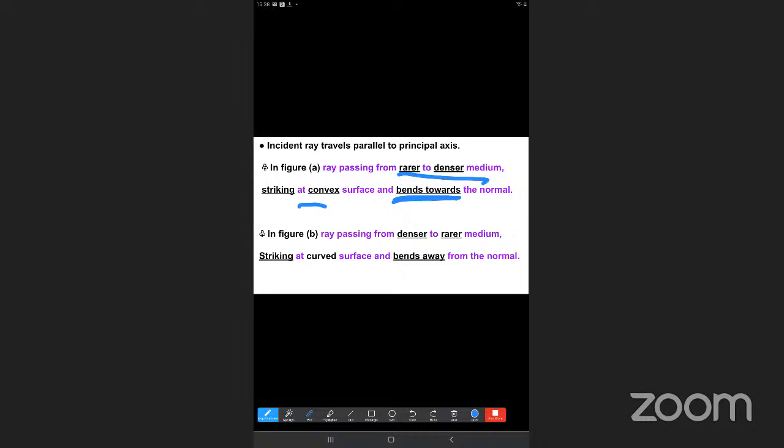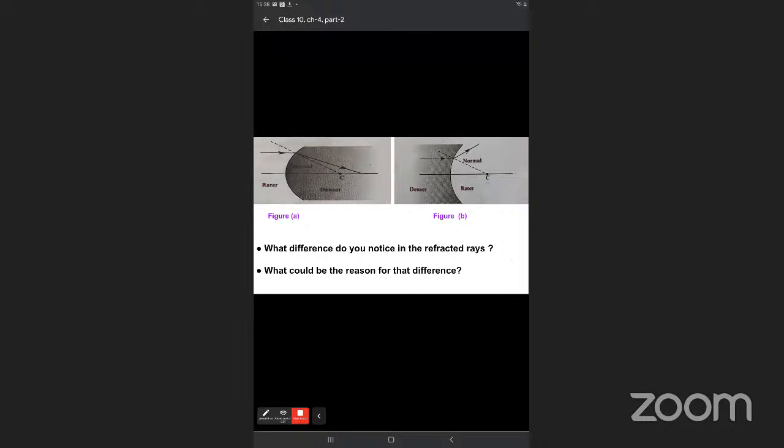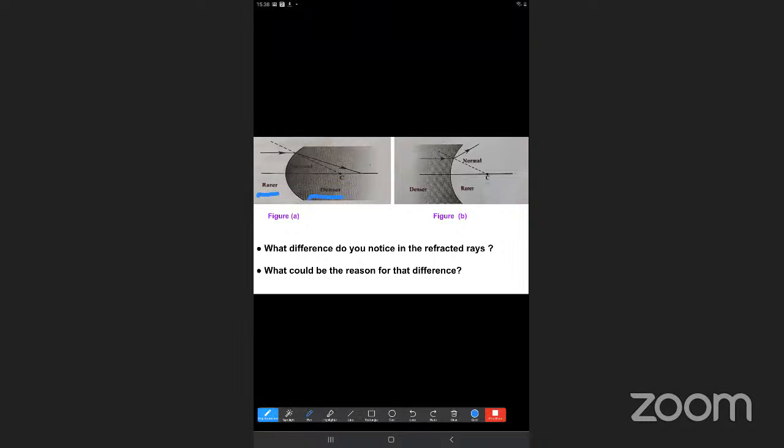In figure B, the ray passes from denser to rarer medium, striking at the curved surface, that is the convex surface, and bends away from the normal. You can see here, rarer to denser, the refracted ray bends towards the normal.